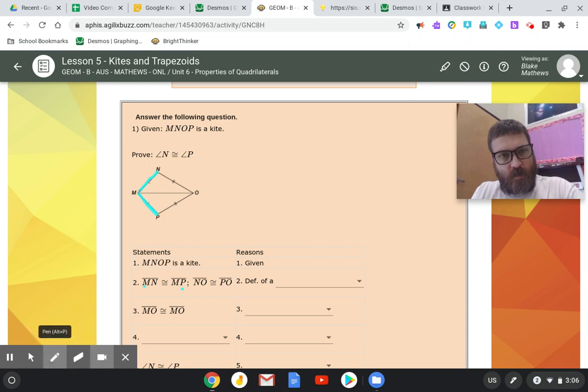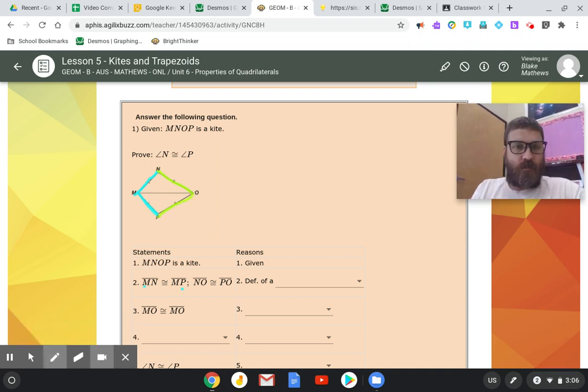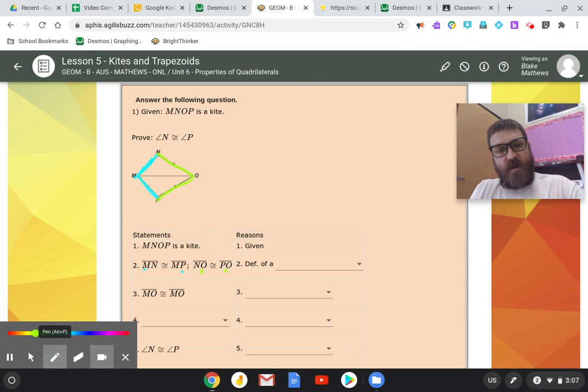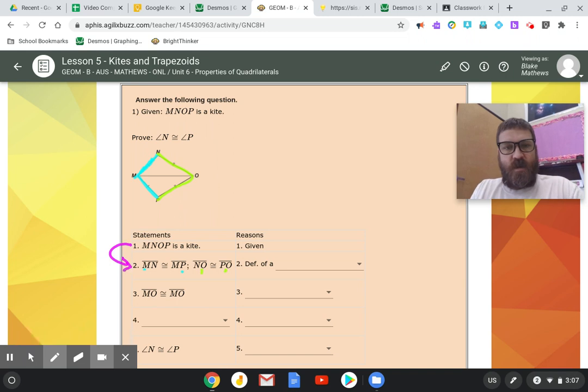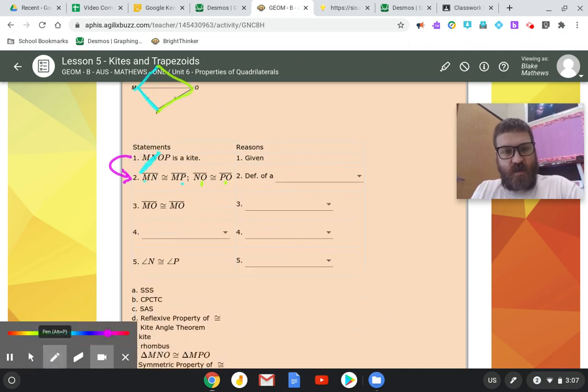MP and MN are congruent to each other. And PO and NO are congruent to one another. Okay, so we see that. How do we know that? Well, that's the definition of a kite. The way we can know that is that statement 1 is giving us the only information we have, and so it has to be providing the answer to number 2. So it's the definition of a kite, which is answer choice F.